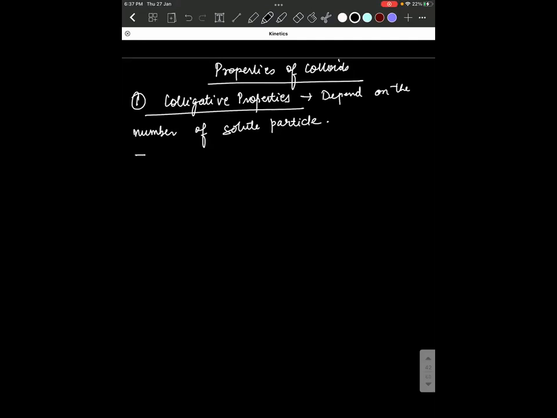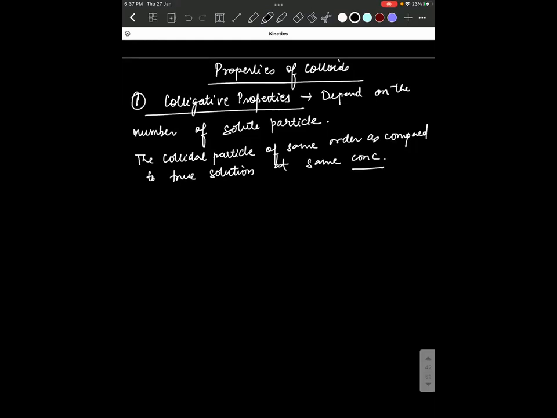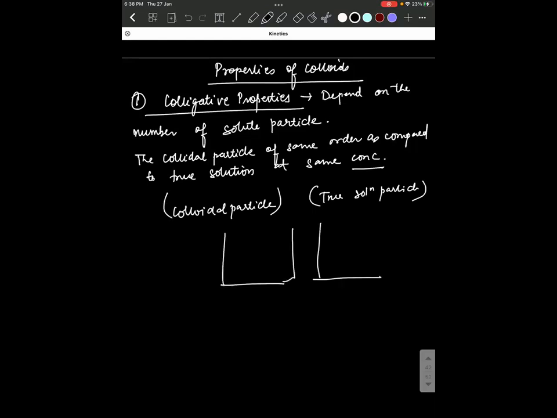Now, if you have the colloidal particles of same order as compared to true solution at same concentration, okay, for example, you have your colloidal particle and you have your true solution particle, and we want to fill these particles in two separate beakers, which have a concentration of 1 molar for both.